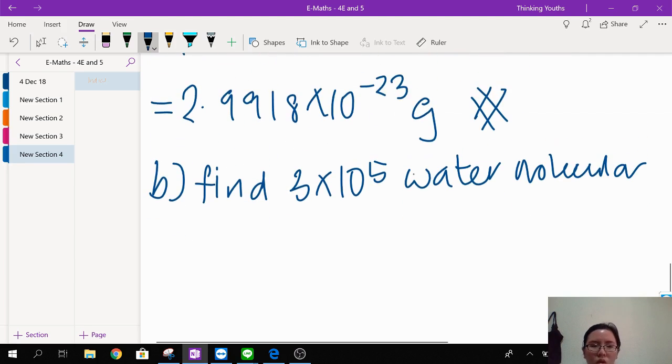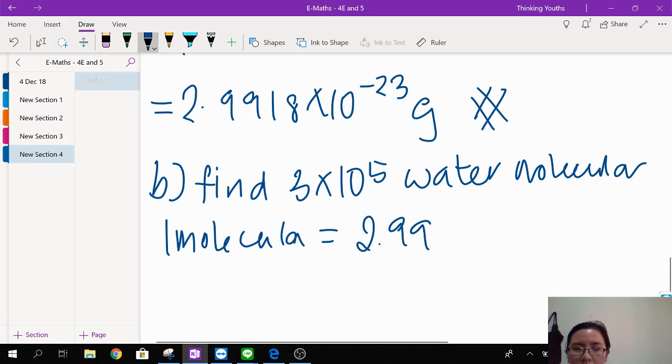So 1 molecule is 2.9918 times 10 the power negative 23.